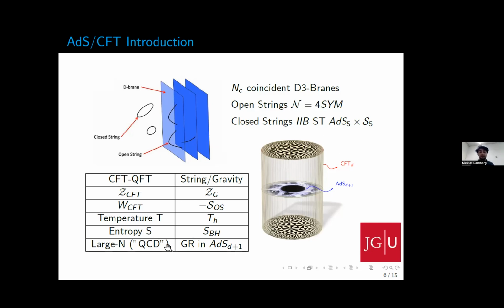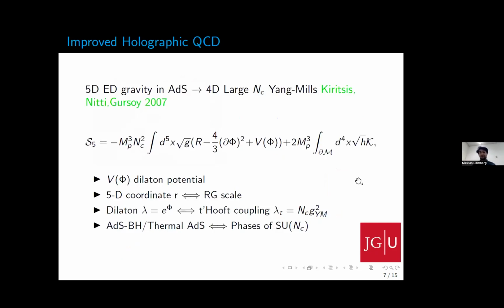And an interesting limit, which is going to be fairly important here, is when you go into a large N case, where you get to the classical limit of the string theory, which leaves you with GR in AdS d+1 dimensions. Since we're intending to employ bottom-up holography, this is an important limit to bear in mind. So the model of interest that we're considering here is, since we're employing bottom-up holography, we're doing the opposite way around, which in this sense means that you more or less assume that there is a correspondence.